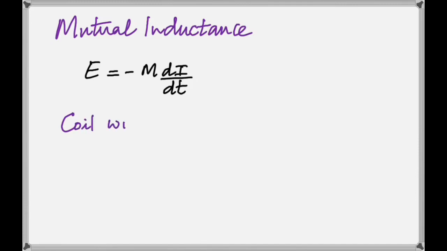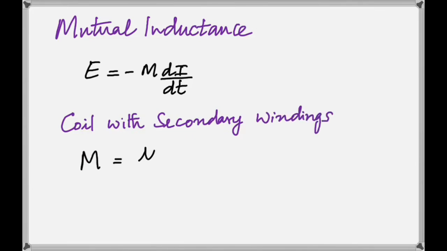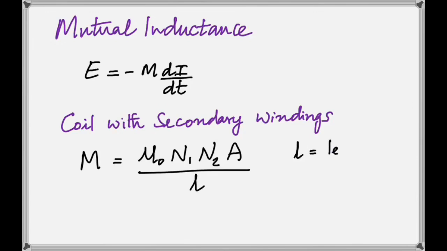And then if you have a coil with a secondary winding, the formula for mutual inductance is mu naught N1 N2 A by the length, where L is the length. That is the formula. Now you know N1 is the number of turns in the primary, N2 is the number of turns in the secondary.